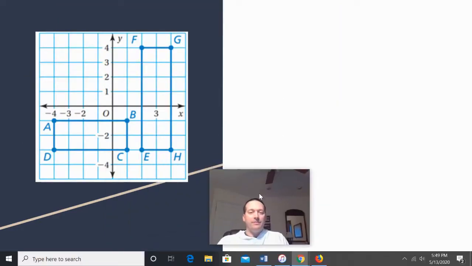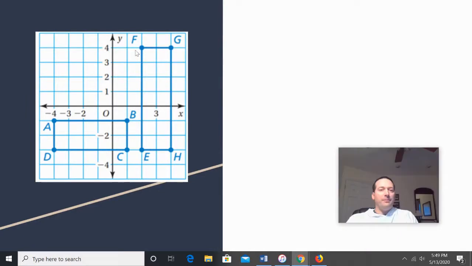Let's take a look at this one. Now this one's a little different because even though it's on a coordinate grid, if I were to multiply the points by a certain number it truly would work, but it's a little bit more complicated. Because it's a rectangle, we're just going to use the side lengths. If we take this side length right here, it's 1, 2, 3, 4, 5, 6, 7.